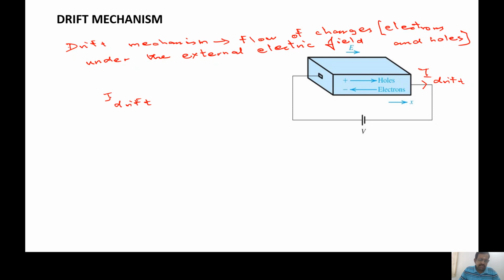Okay, where J is the symbol for current density, and that is defined as the current flowing through the semiconductor per unit area of cross section, or cross sectional area.